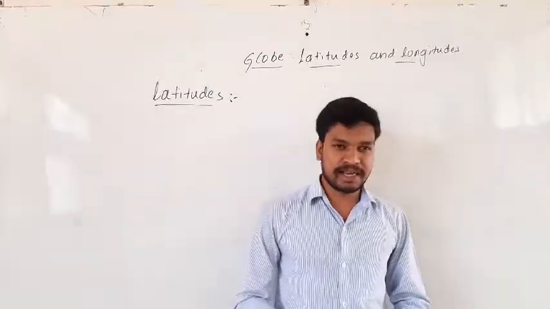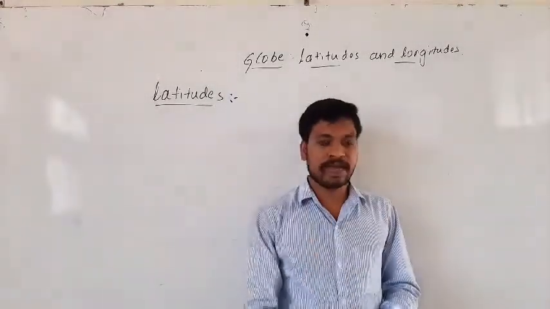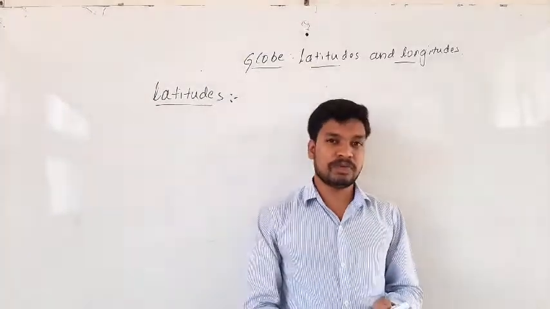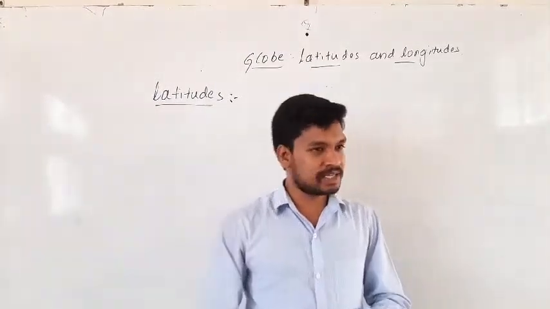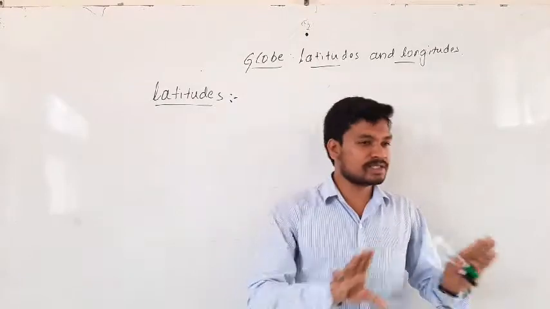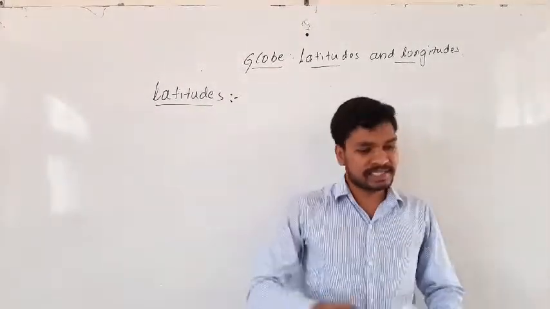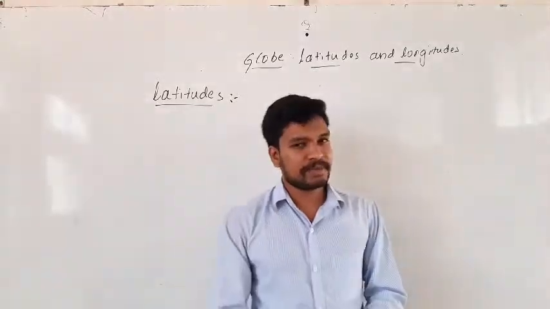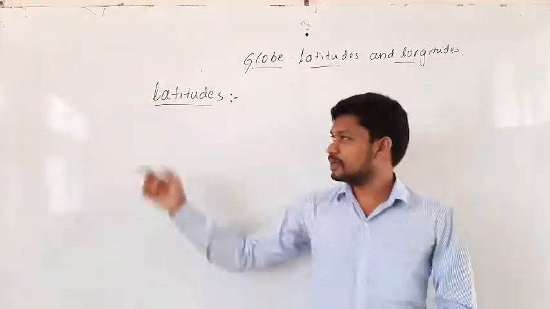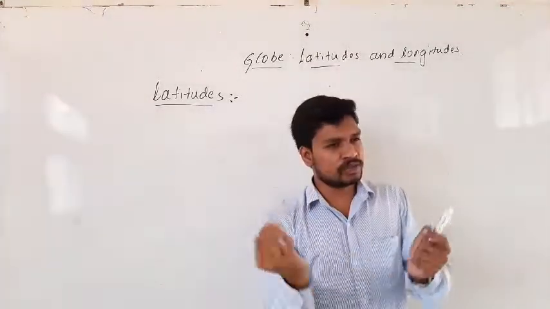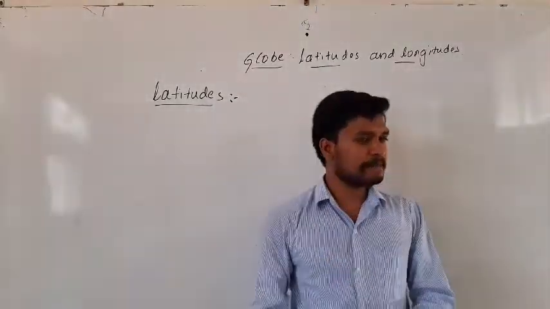It's an imaginary line. Imaginarily we have drawn it on the globe and map. It is only drawn imaginarily on a globe and map, and it is not there on the earth's surface. These imaginary lines give information. They are exactly calculated, and the latitudes we draw on the globe are scientifically measured.